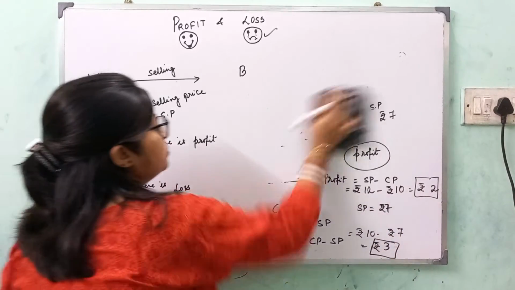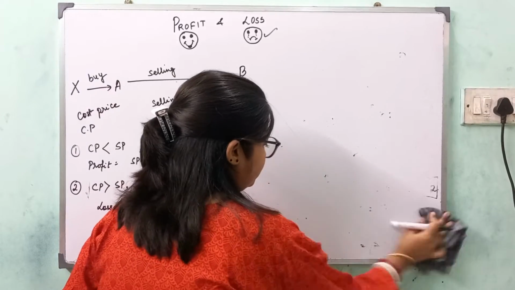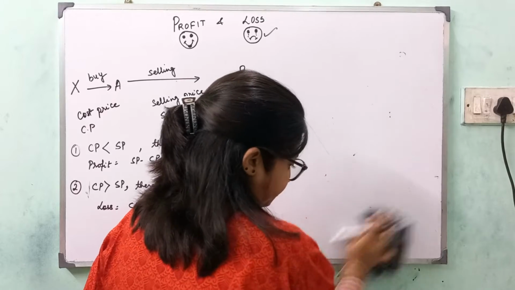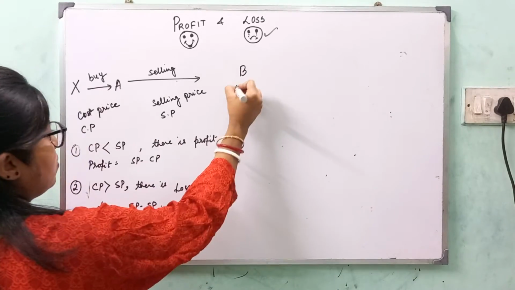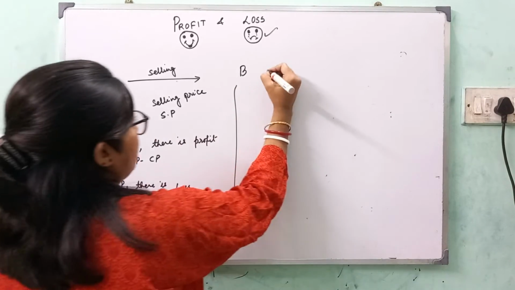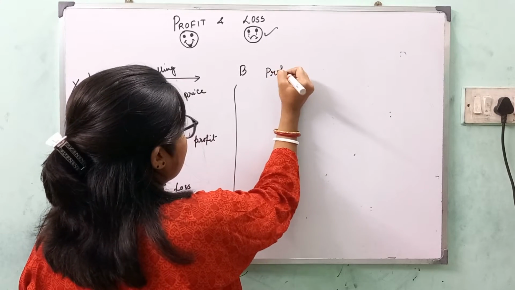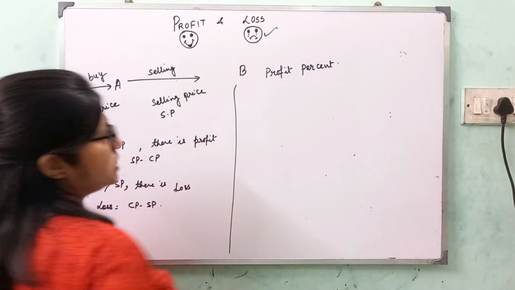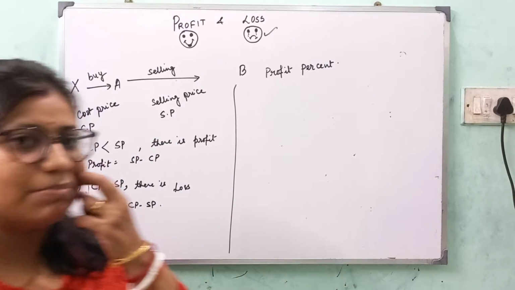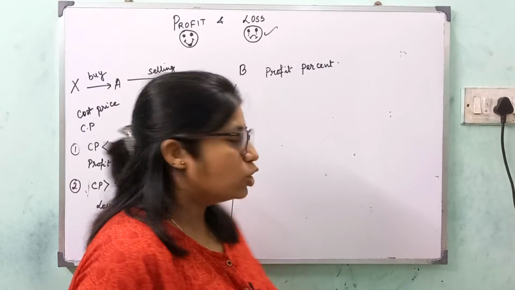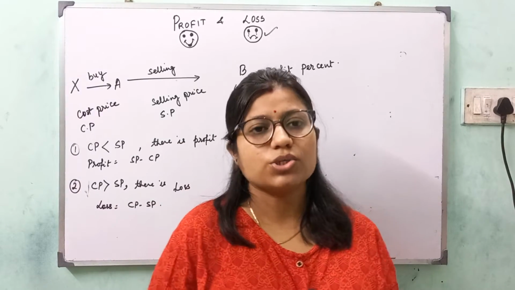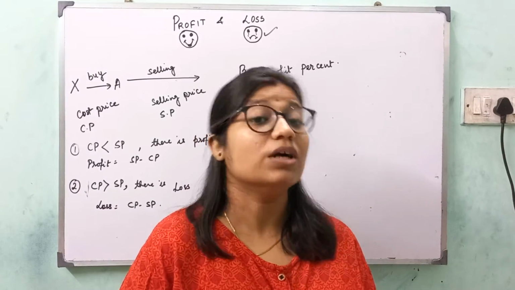Now, profit percent. So whenever the word percent comes, it means out of 100. So we always check our loss or profit on our cost price.